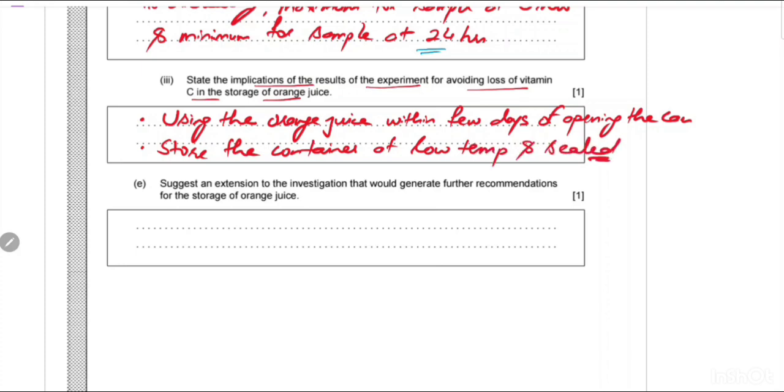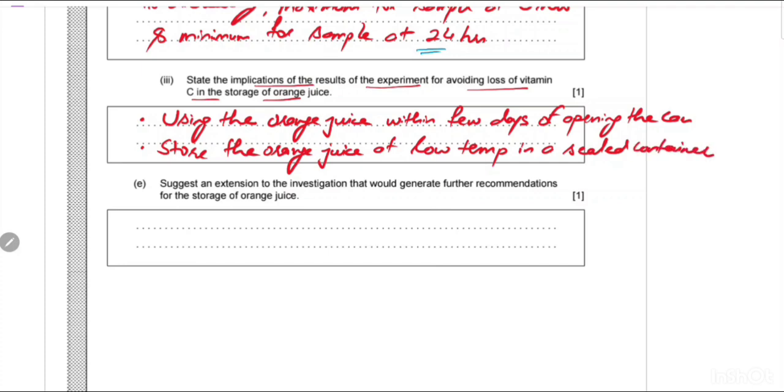Store the orange juice at low temperature in a sealed container, so that it does not get exposed to oxygen and can be used for a longer time.